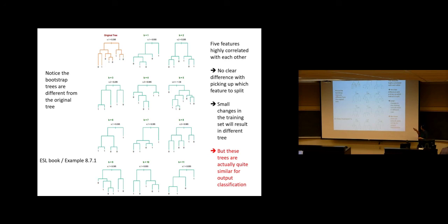So this creates a lot of different kinds of trees. They look quite different from each other. But because of this data, in fact, the trees make very similar predictions. Even though on the surface the models look very different from each other, their decisions are almost the same.